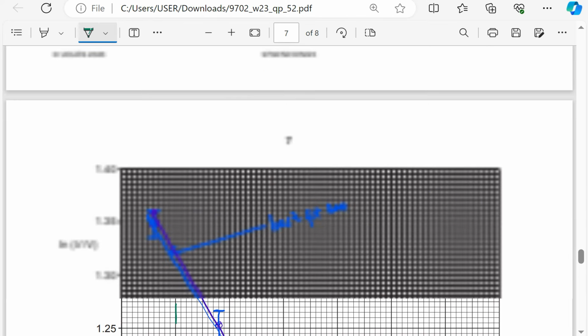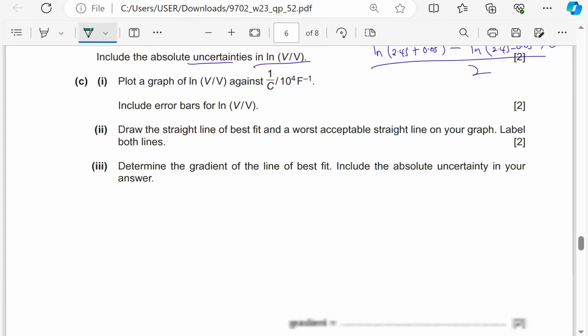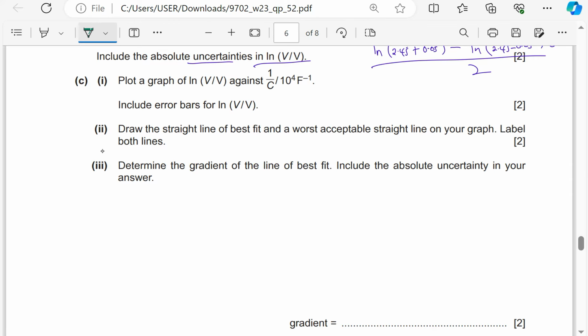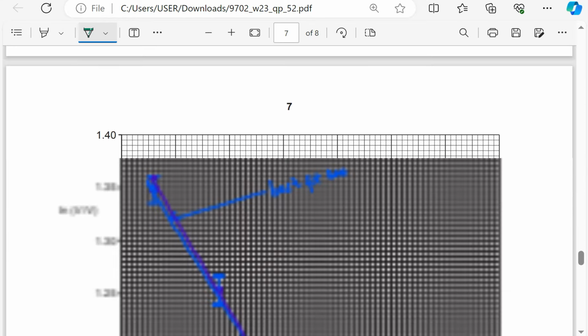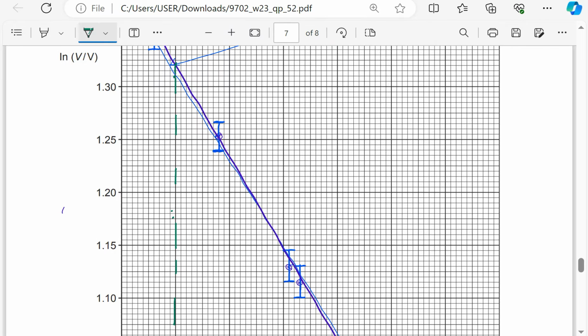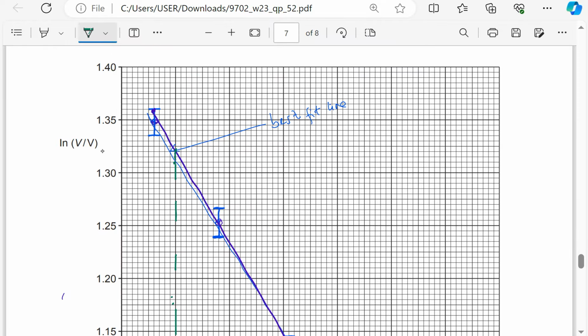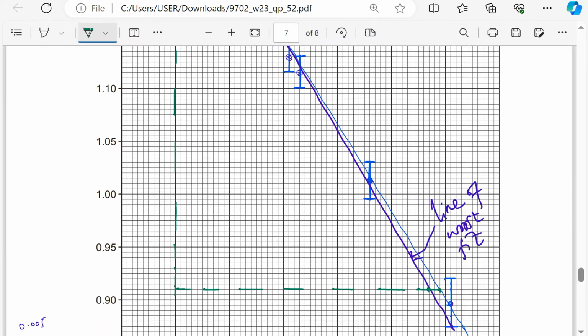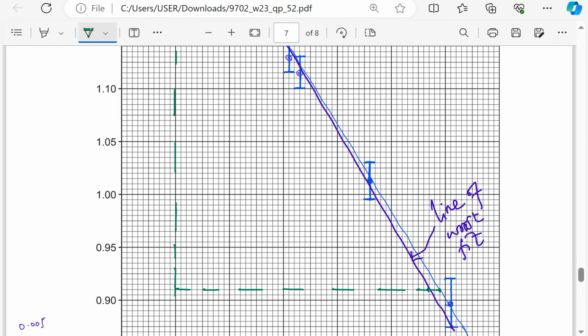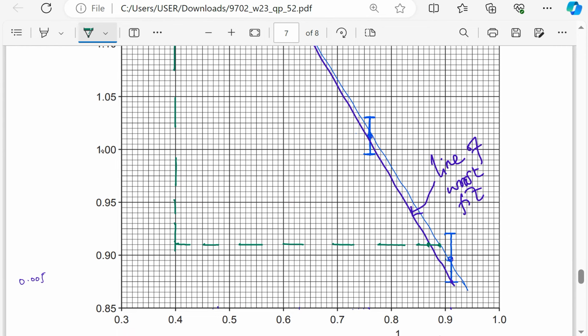Okay, so let's find the gradient of the best fit. I'll say gradient of the best fit equals, I don't need to write much. I want best fit values. x1 is, I think, 0.4, and x2 is 0.89.